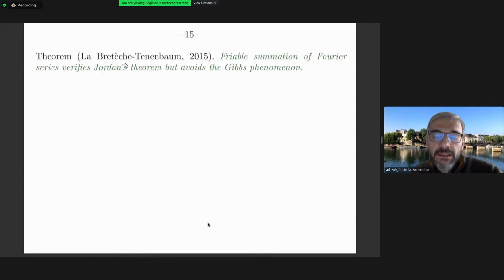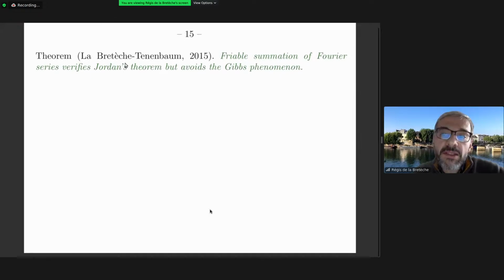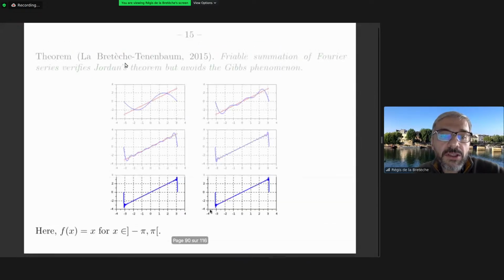And we also prove with Gérald that the variable summation of Fourier series verifies Jordan's theorem, but avoids the Gibbs phenomenon. So what is the Gibbs phenomenon?